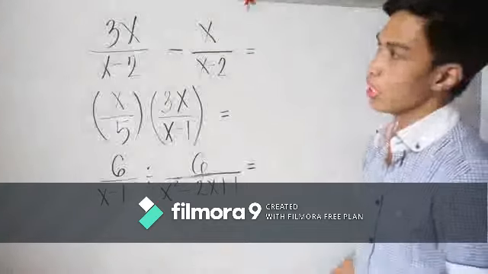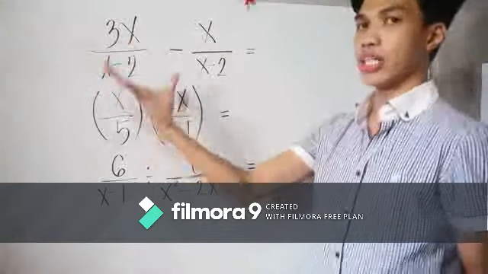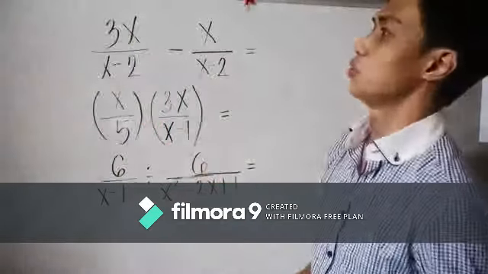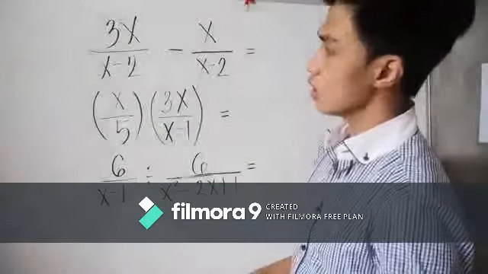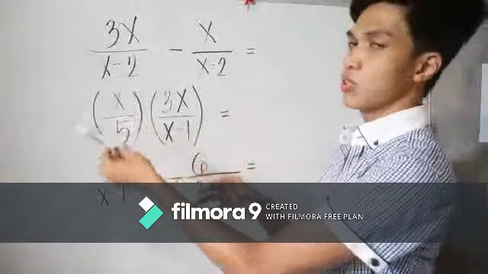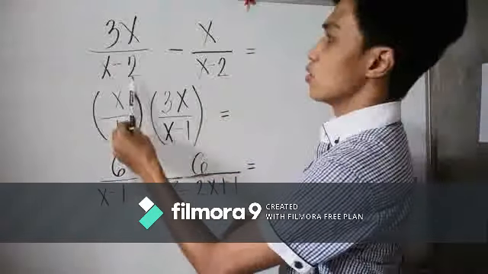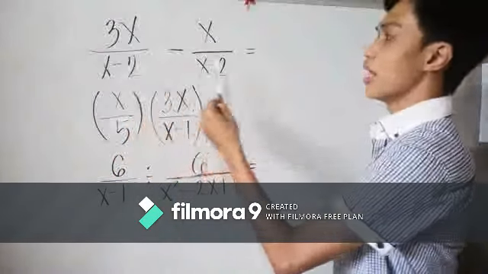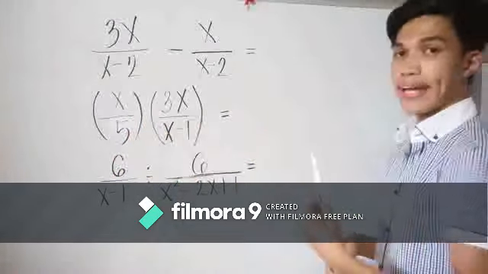Now we have two rational expressions. As you can see, the first denominator is x minus 2, and the other denominator is also x minus 2.